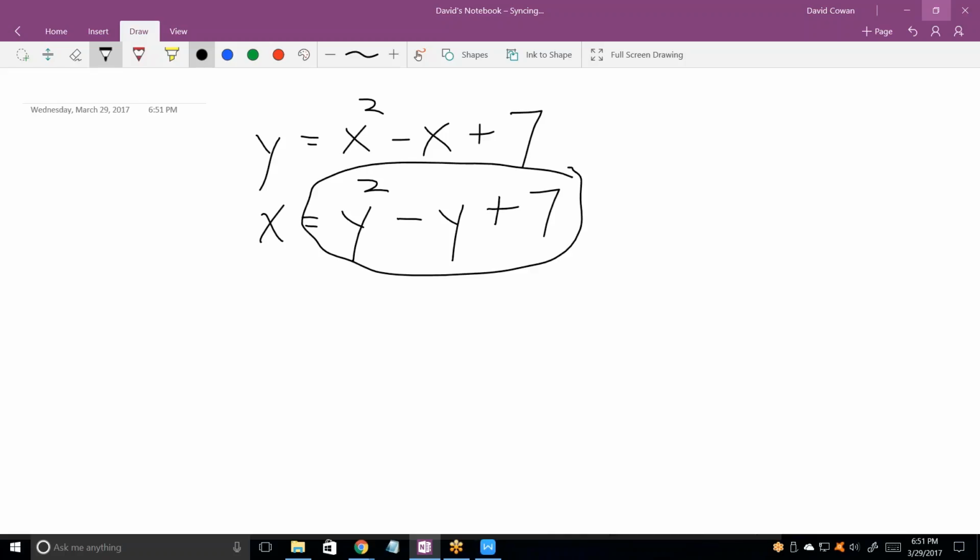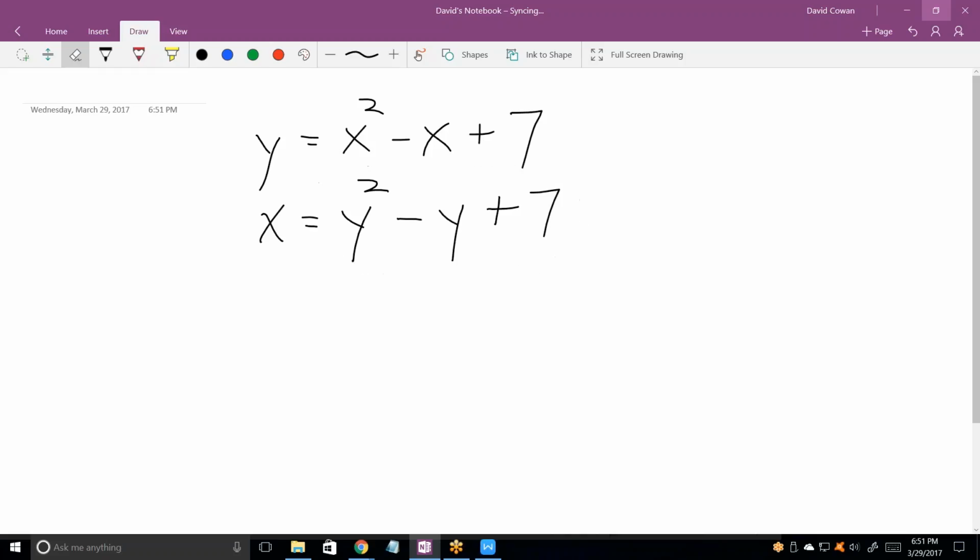If I can't factor it, I can't solve it for y. But what if I use the quadratic formula? And this is the secret. Here's what I do. I bring the x to this side over here, treating it like it's a number, leaving 0 there. Okay? Now, I've got a quadratic.